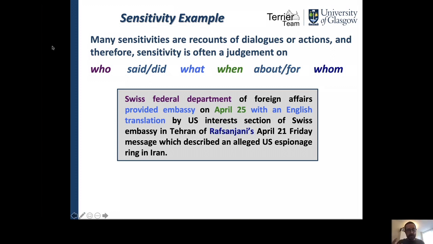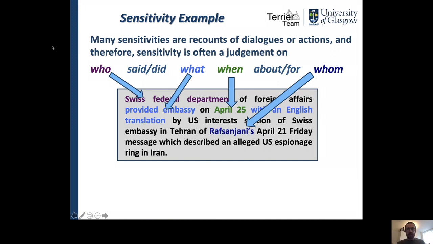Okay, so in this project, we focused on two sensitivities from the Freedom of Information Act exemptions: international relations and personal information. When you look at these sensitivities, we find that they often have a similar structure. Quite often a sensitivity will come down to who said what about whom and when.